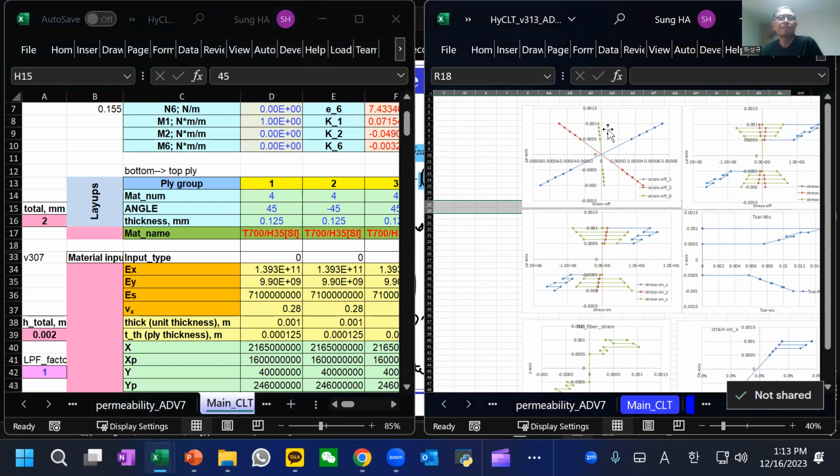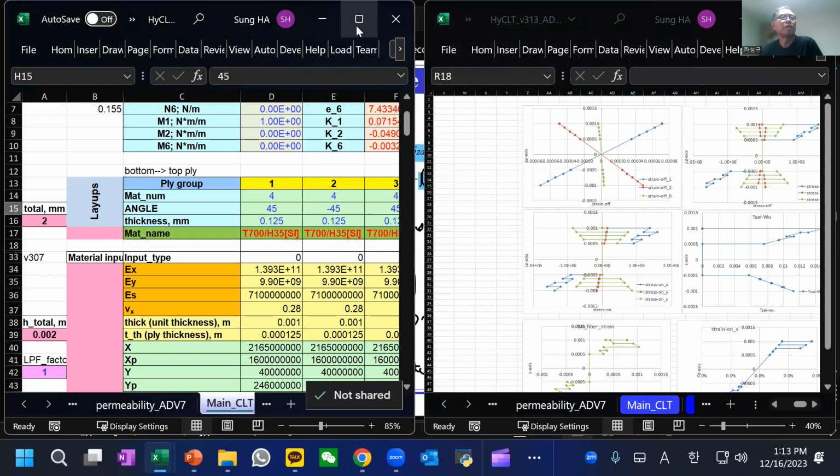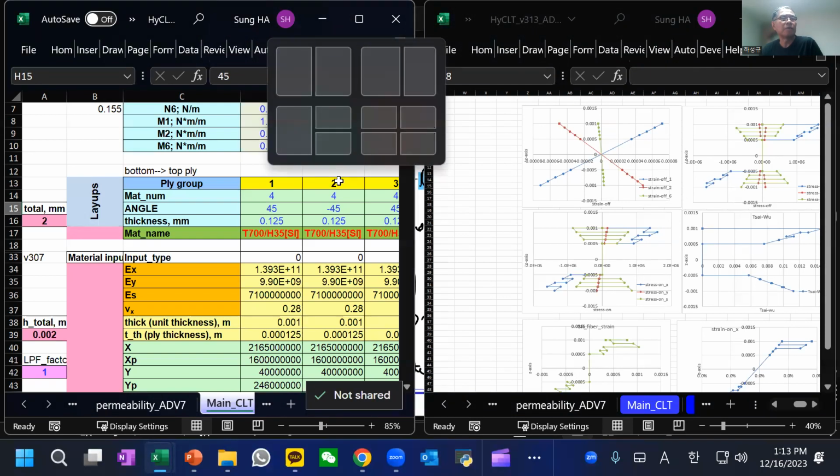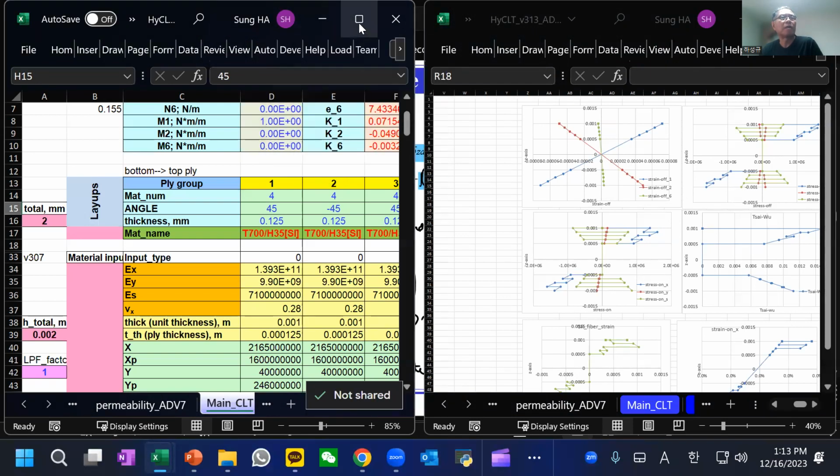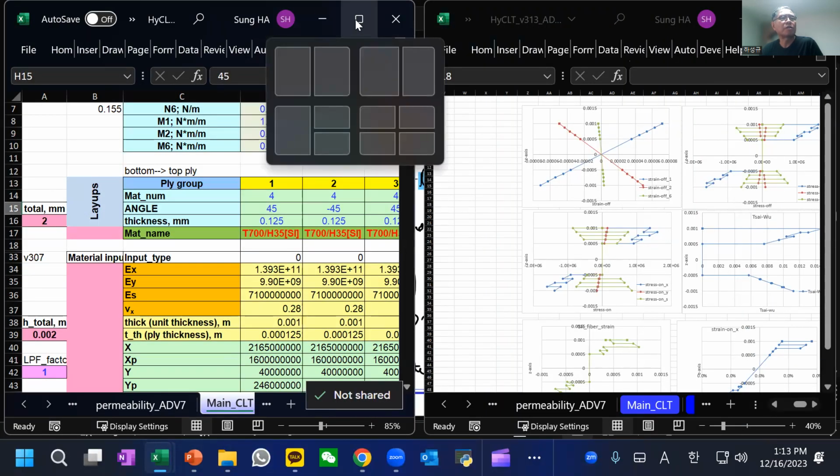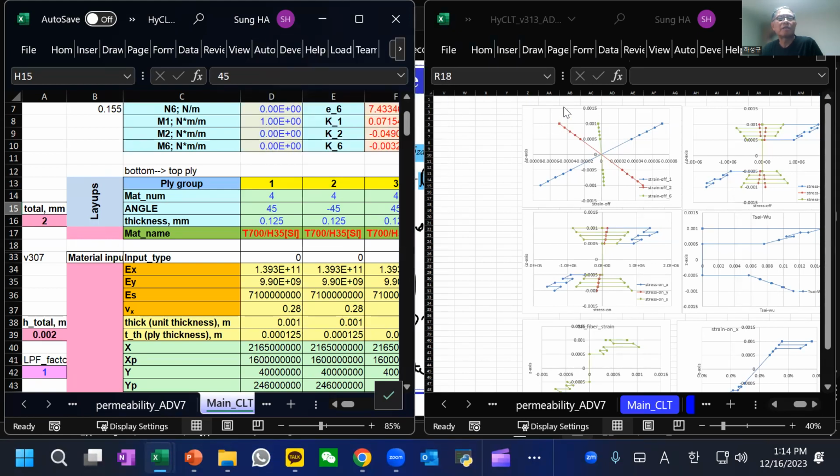There is a slight shear term due to this bending, even though this is symmetric, because a moment will cause, okay, well, look at this top skin.